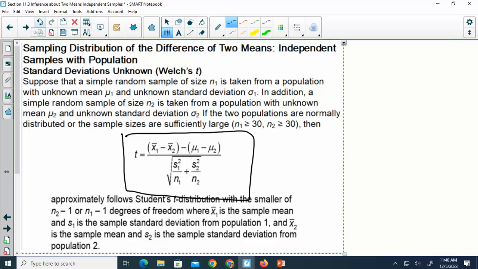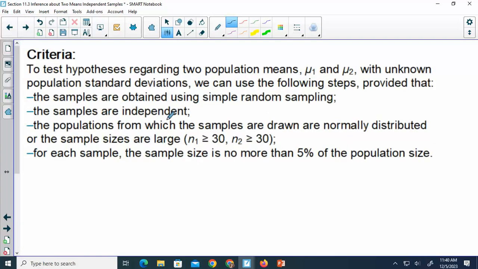Criteria: anytime we're dealing with the mean, our main criteria that we've been checking is either that the set is normal or that we have at least 30, and that is still the case here. The other things, random sampling, independent, less than 5% of the total population, we're just assuming.